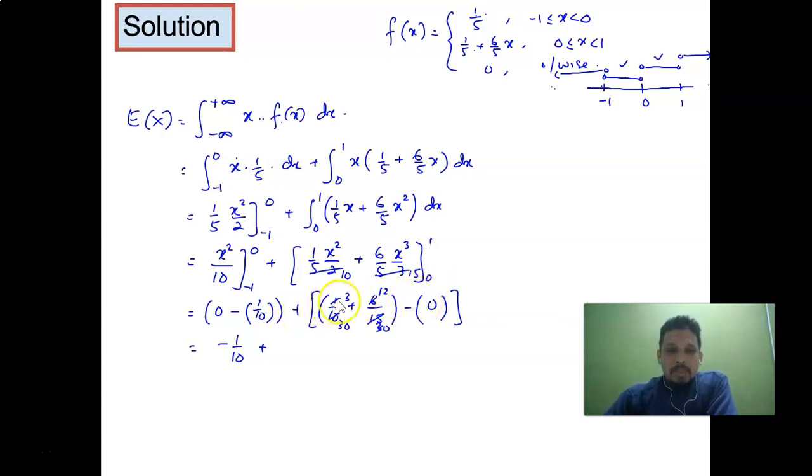Now plus this one here, 3 plus 12 equals 15 divided by 30.